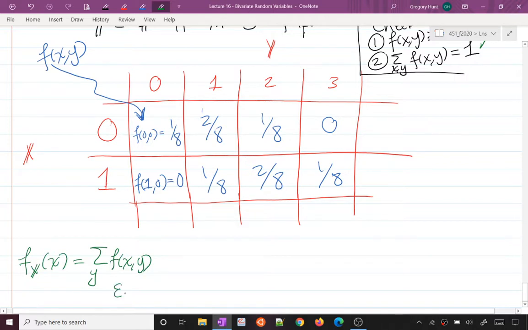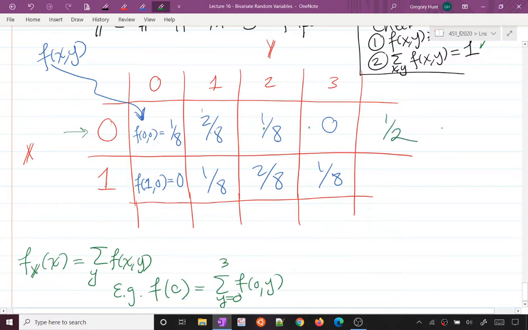So for example, if I want f of x at 0, this is going to be the sum, in our case, y goes 0 to 3 of f of 0, y. And you can see that that is just summing across the first row. I fix x at 0 and I sum across my values of y. So it's 1/8 plus 2/8 plus 1/8 plus 0.